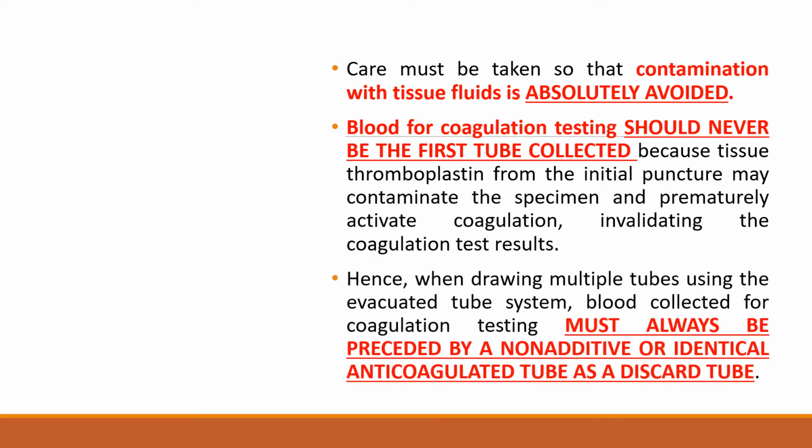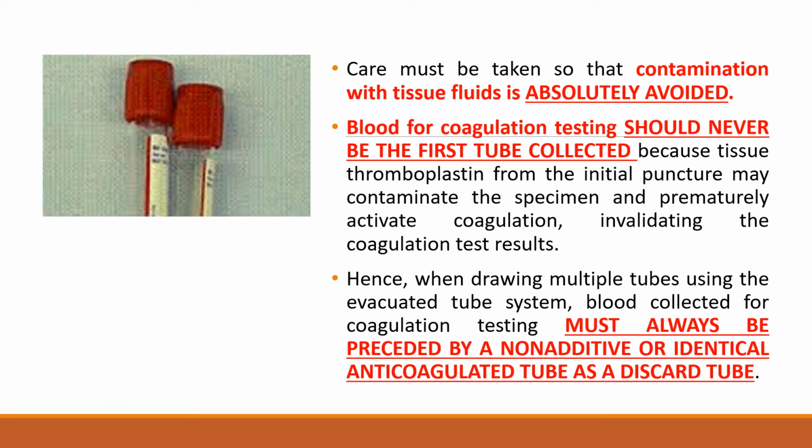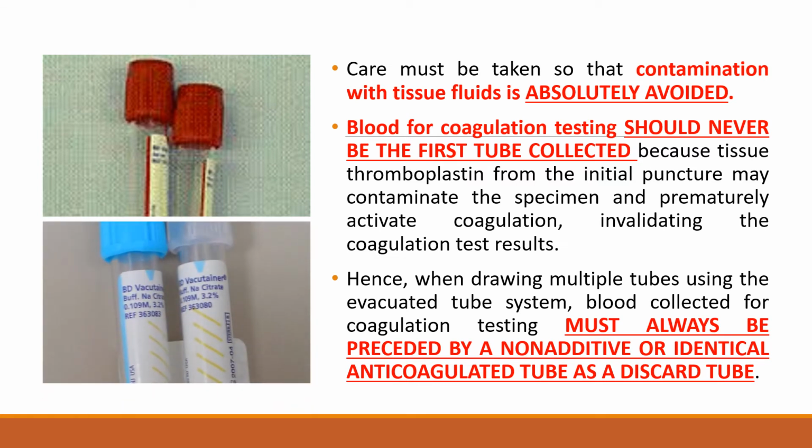So when drawing multiple tubes using the evacuated tube system, the blood collected for coagulation testing must always be preceded by a non-additive or identical anticoagulated tube as a discard tube. You may use a red top tube as the discard tube, or you can also use a light blue top tube as long as this tube will not be used for the testing.